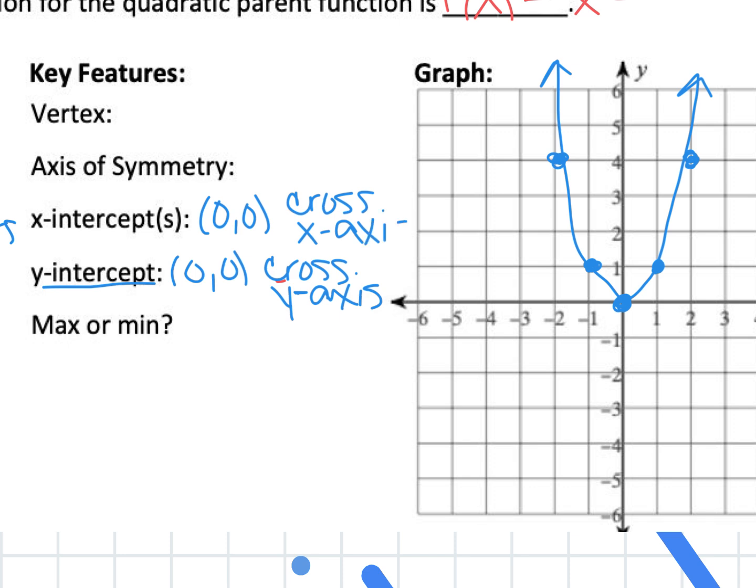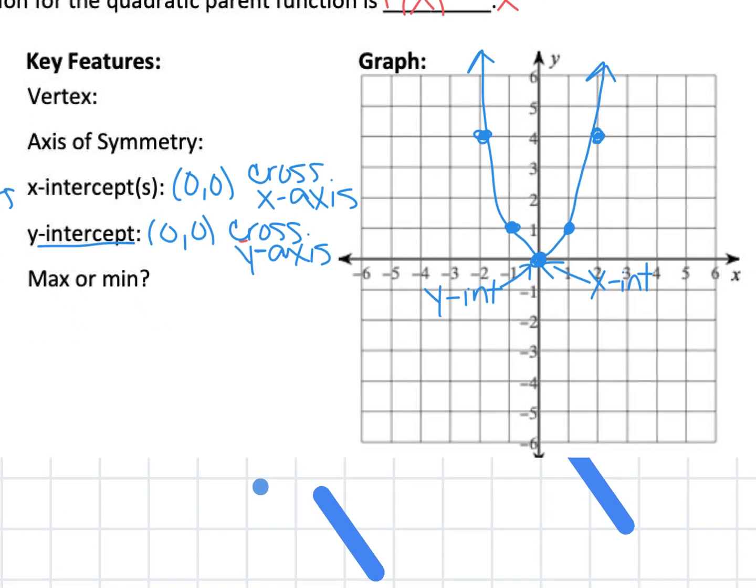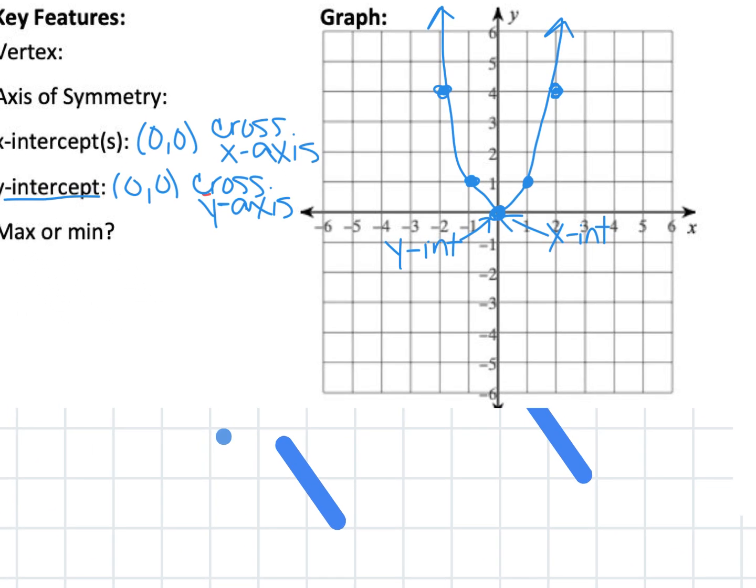Now, when we did linear equations way back, we did have another word for x-intercept. So we're going to talk about that right now, and we have some other words as well. So x-intercept, and the other word we used to use was zero. I'm also going to tell you that we're going to use the words root and solution.